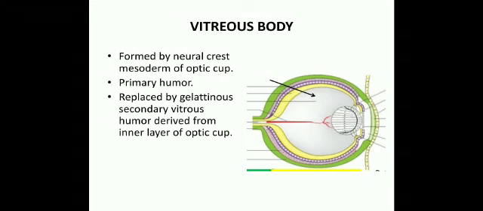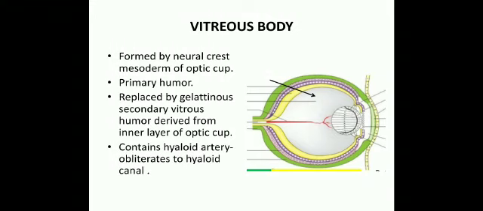So, the vitreous body is made up of transparent gel-like intercellular substances, and it contains the hyaloid artery that later obliterates to form the hyaloid canal of the adult eye.